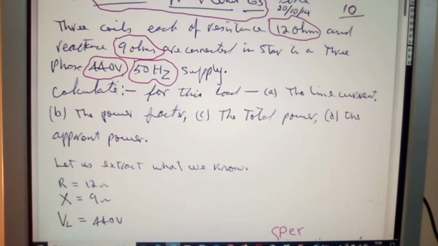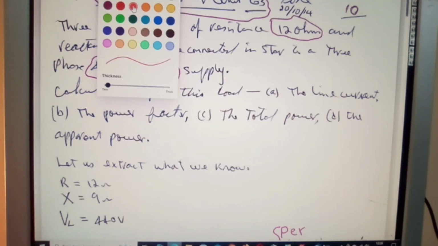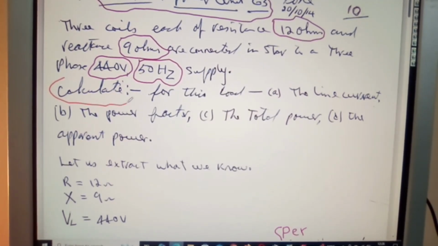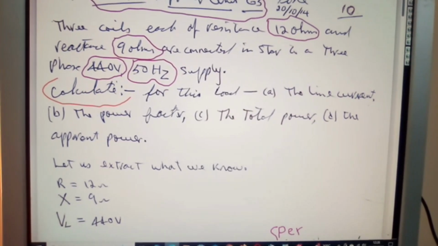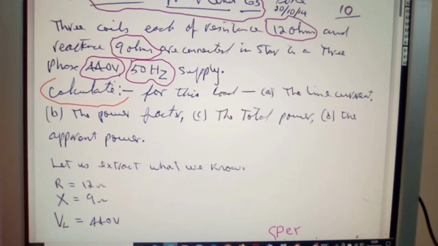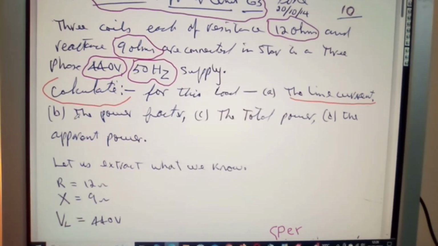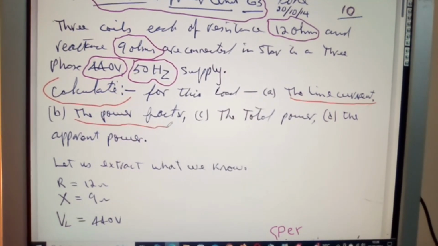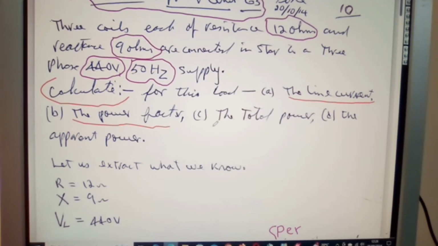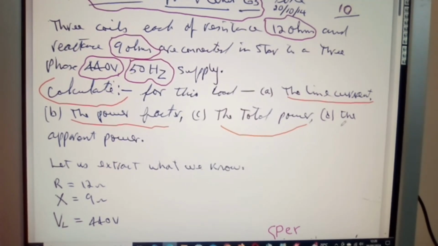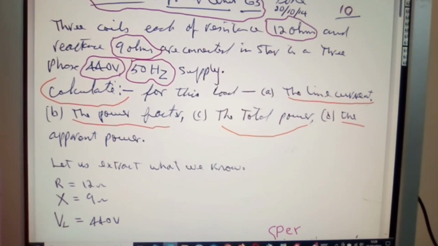What you need to calculate is, for this load, A, the line current, B, the power factor, and C, the total power, D, the apparent power.